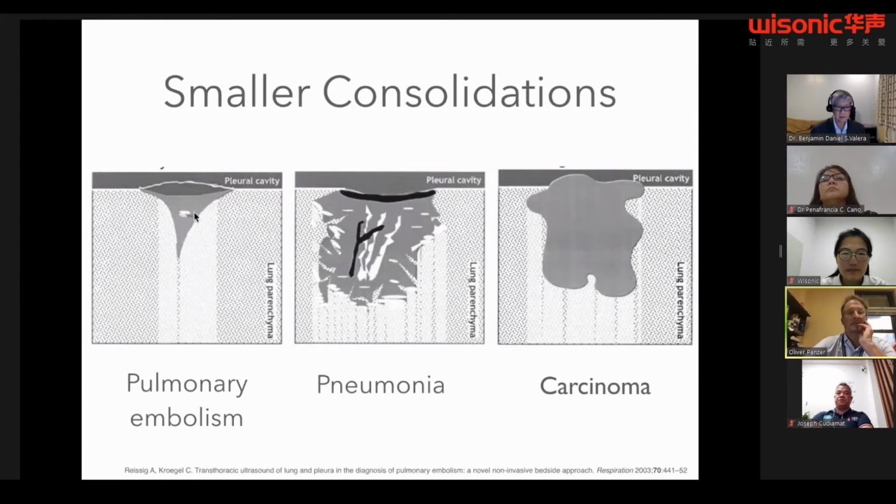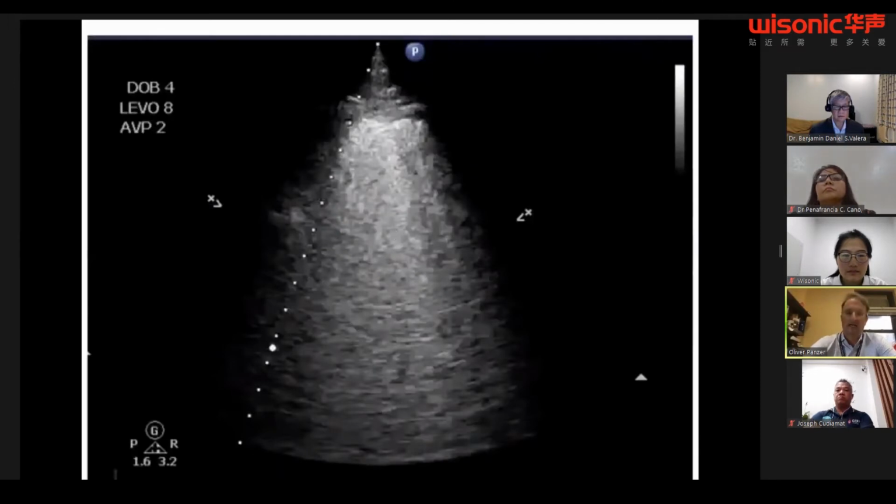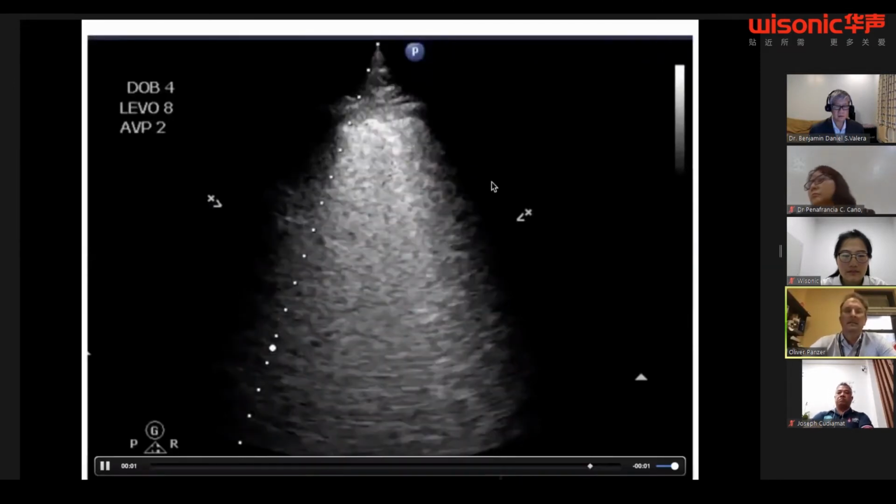Here, this is a PE in the periphery. It has a very distinct shape. It's wedge-shaped. It's 1 to 3 centimeters, sometimes has a white dot. Or if it's very homogeneous, not irregular like this, it's more likely to be a tumor. But what we've seen many times in ARDS is this middle picture. And I want to highlight this here.